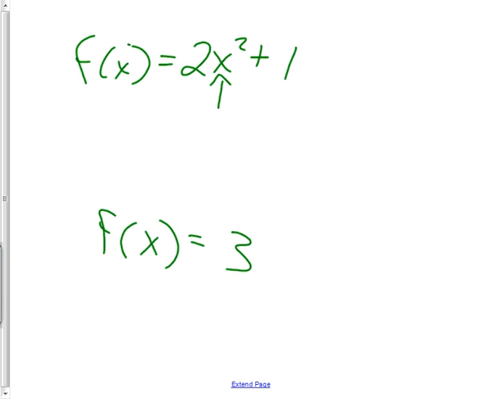Stick it over here. 3 equals 2x squared plus 1. And then you'd subtract 1 from both sides. And then you'd divide by 2. And this one's got a twist at the end. Would you solve this one, please? And see if you get the right answer. I know you think it's super easy, but it's got a twist. Don't say it. You figured it out, didn't you? Good. Hold on.